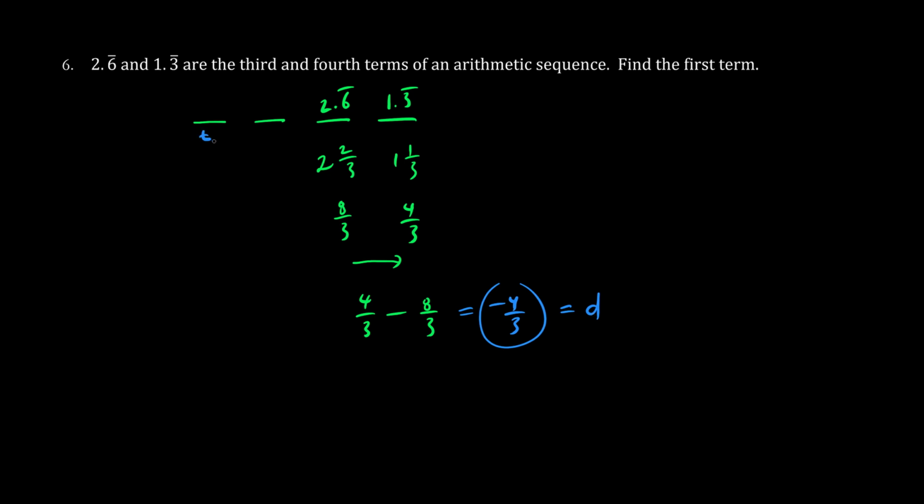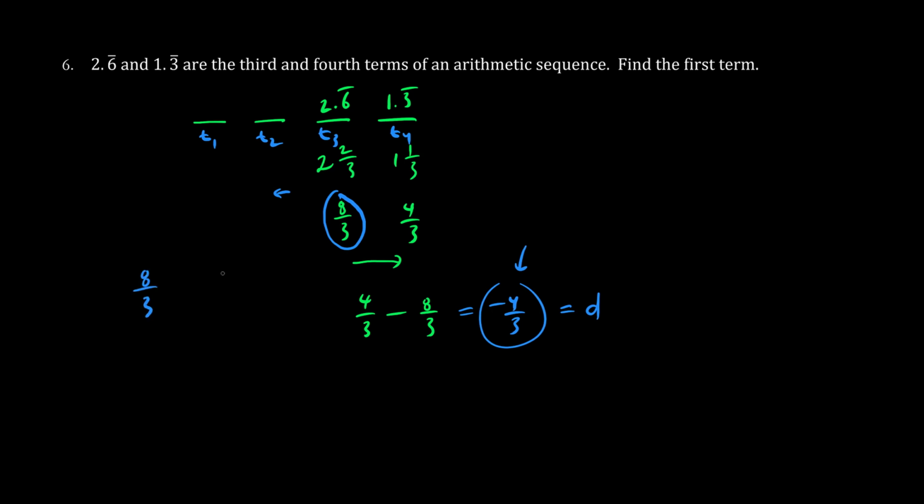So we're talking about term 1, term 2, term 3, and term 4. Term 3 is 8/3. And each time we go to the right, we go down by 4/3. So if we go to the left, instead of subtracting 4/3, we're going to add 4/3.